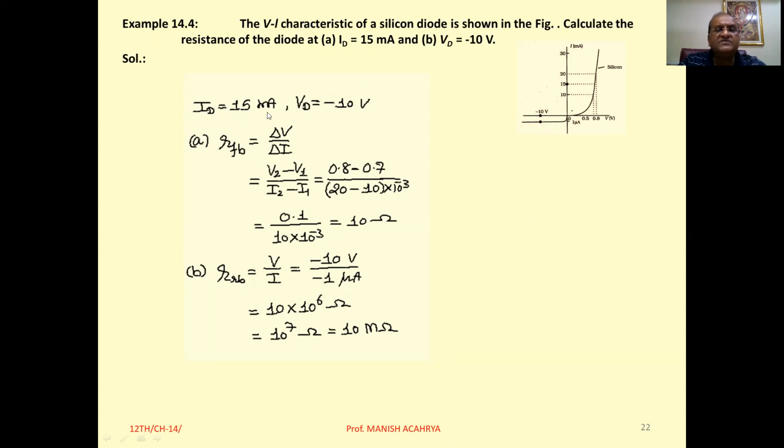Now ID is 15 milliampere, VD is minus 10 volt, that is given to you. Now forward bias resistance is delta V by delta I, that is V2 minus V1 upon I2 minus I1. Now see this particular graph. From the graph you can write V2 as 0.8, and V1 as 0.7.